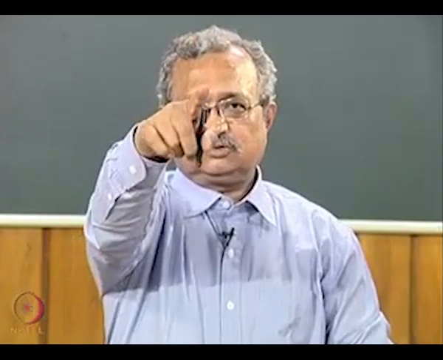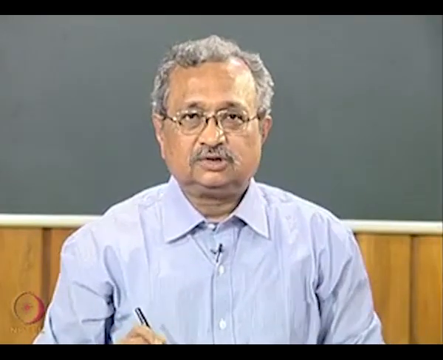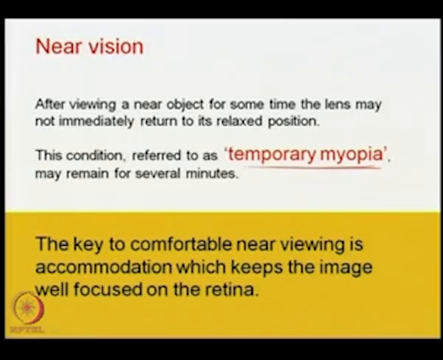When we are seeing a distant object for a longer time and suddenly have to focus on a very close one, it also needs some time. So, we have to provide this time gap. This condition is referred to as temporary myopia, and may remain for several minutes in some cases.